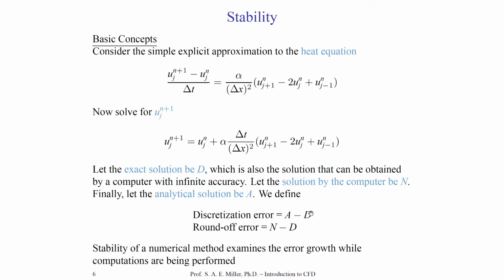One is due to the discretization itself. That's done through the approach shown on this page. The round-off error is due to the finite precision of the computer, the number of bits used to represent numbers for each particular value of u in the computational grid. Now, the stability of the numerical method we will examine will be through error growth while computations are being performed.